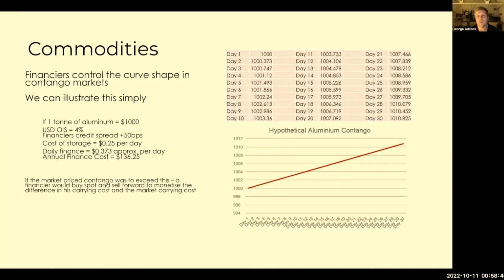Me, as a financier, will go in, I will buy the aluminium and I'll sell aluminium forward in 12 months' time. And I will net the difference between my costs, which is 136.25, and the $500 that I've sold it over, so call it 460-ish, that I'm going to take in.